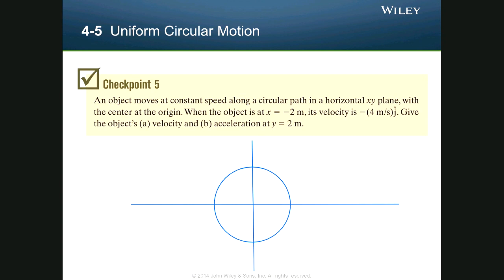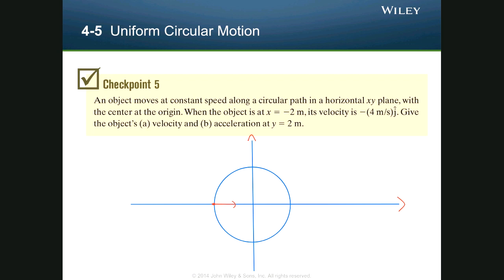So the initial point we look at here, if we only look at individual points in our XY coordinate system, we can see that our acceleration vector will point this way, if we're moving in circular motion.